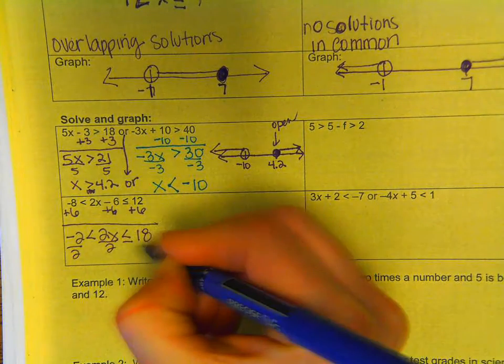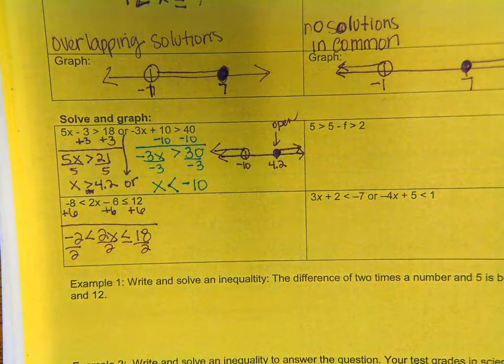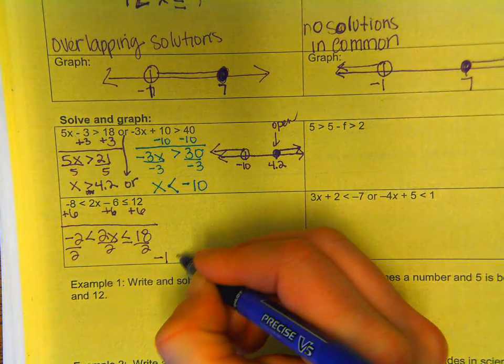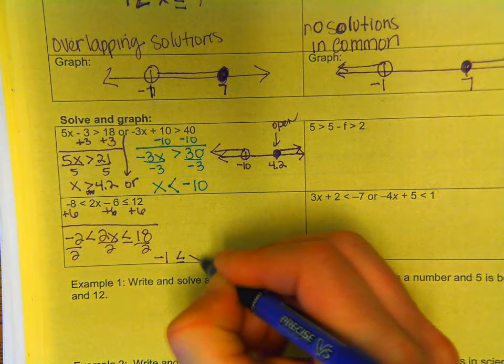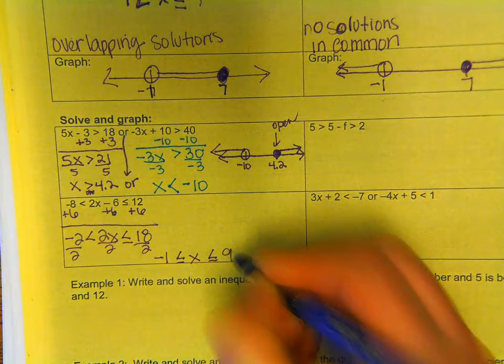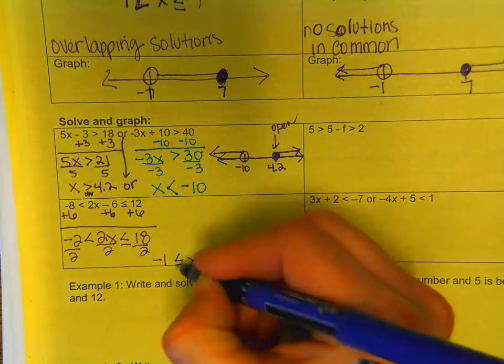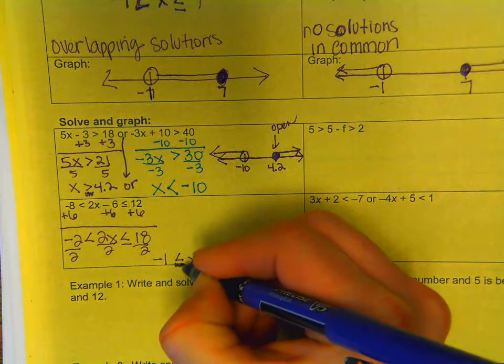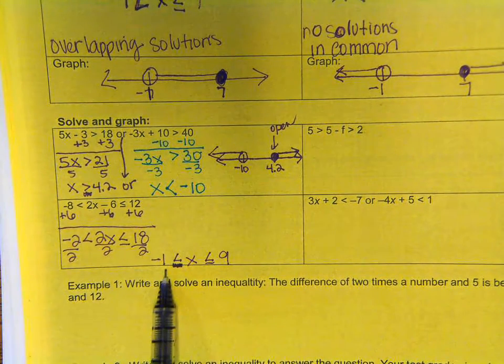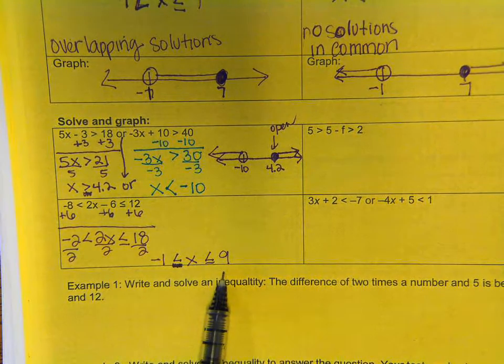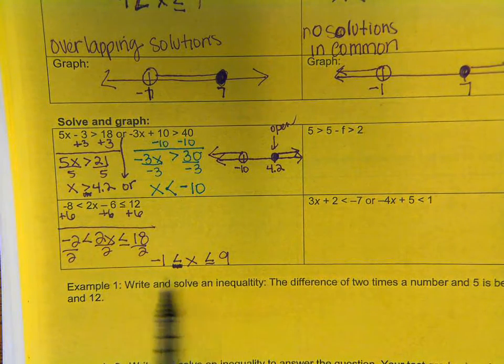And then we get, let's see, negative 1 less than or equal to x less than or equal to 9. Let's just check and make sure it's okay. I did it again. I don't know why I'm adding this, cross that out, guys. Not there. Is negative 1 smaller than 9? It is. The signs are pointing the correct way. This is a good inequality. Let's graph it.